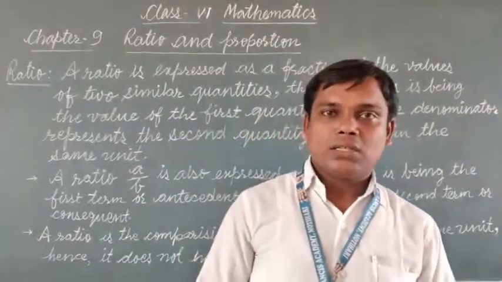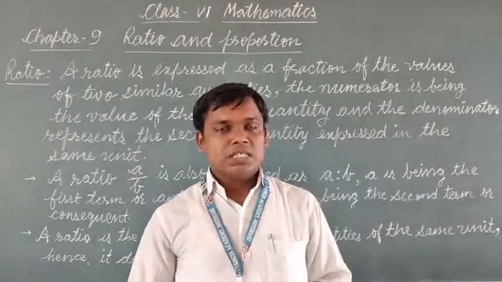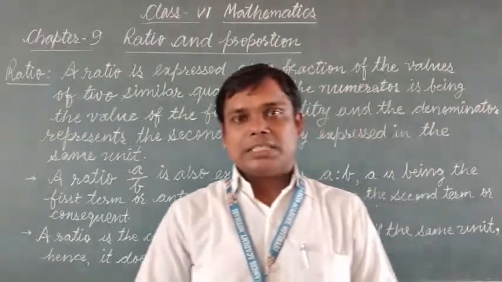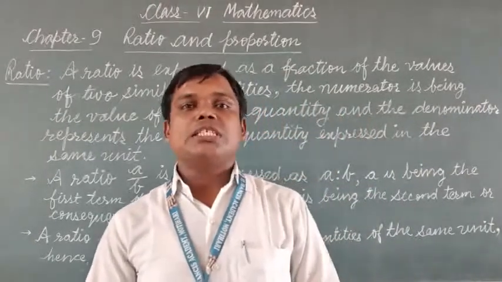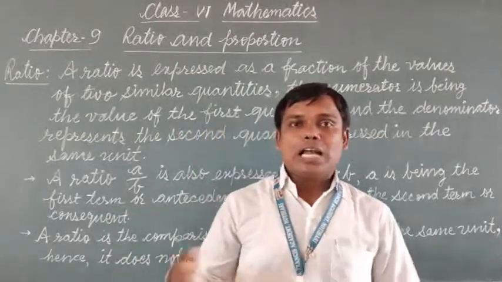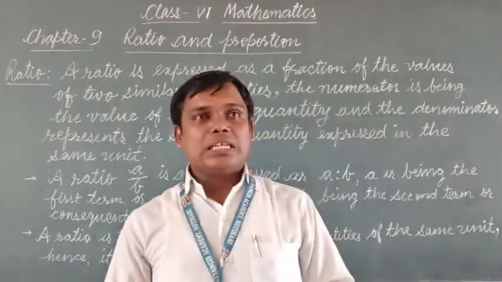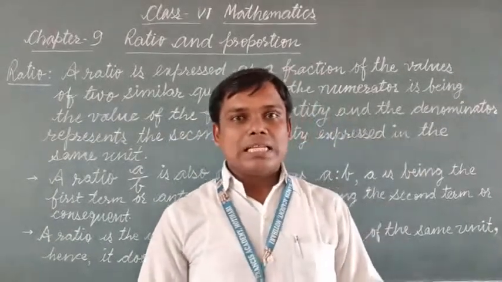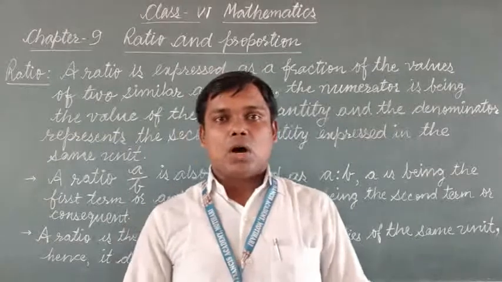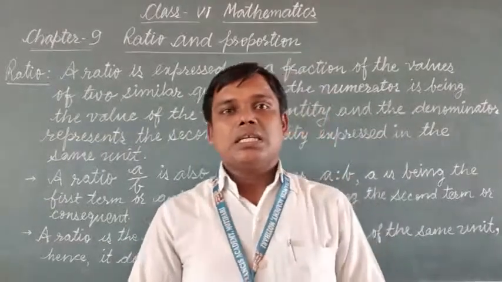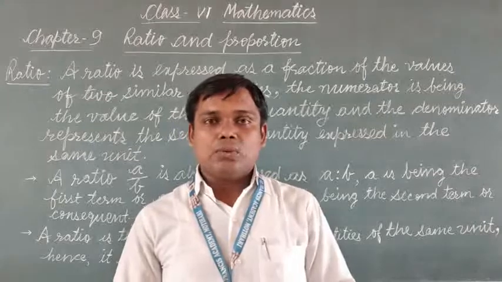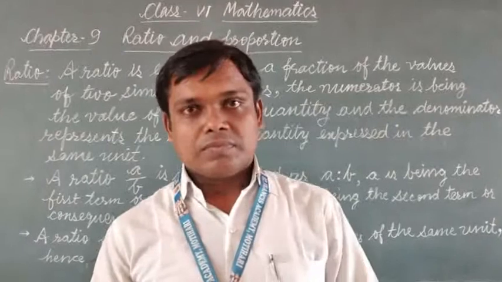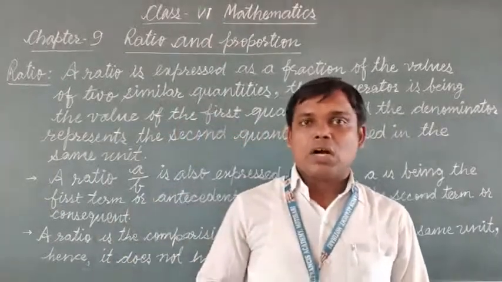These methods are subtraction. Whenever we have to compare two quantities, we can use the subtraction method also. Suppose we have two numbers and we have to check which number is greater. We will subtract the smaller number from the greater, then we will come to know that this number is greater and this one is smaller, and by how much also we can get.